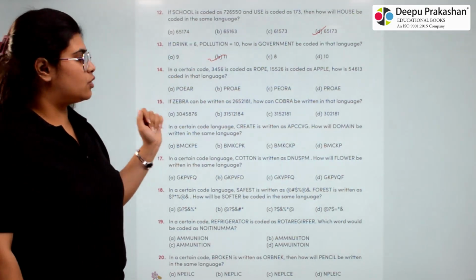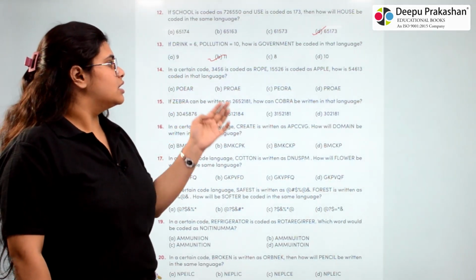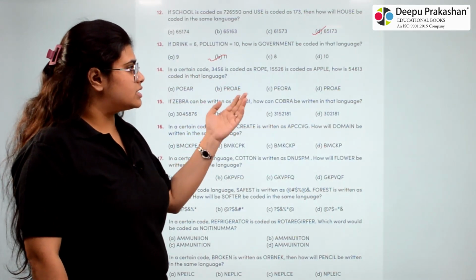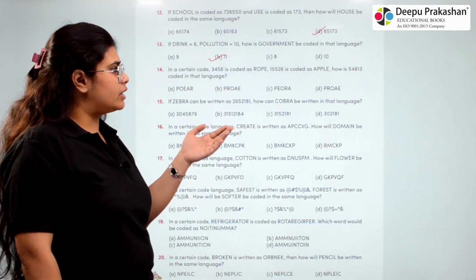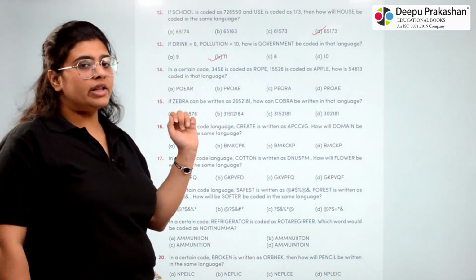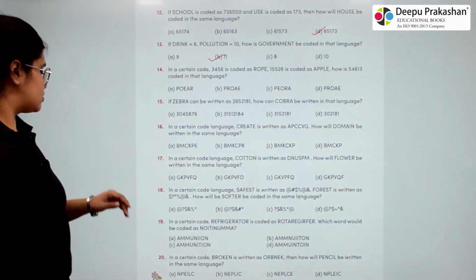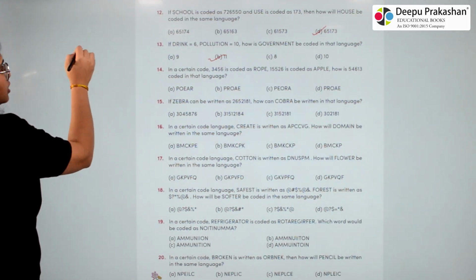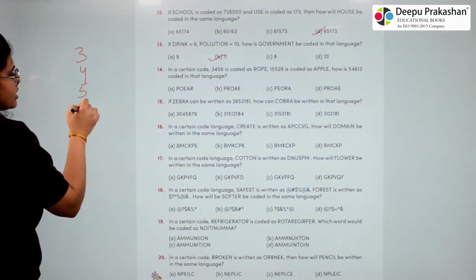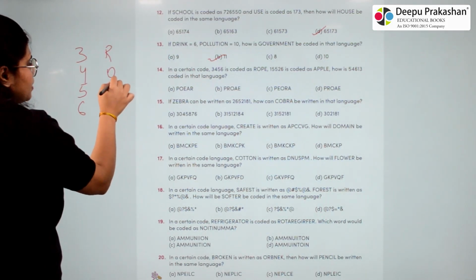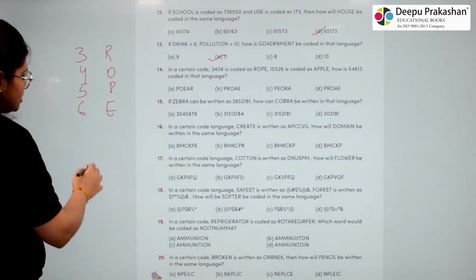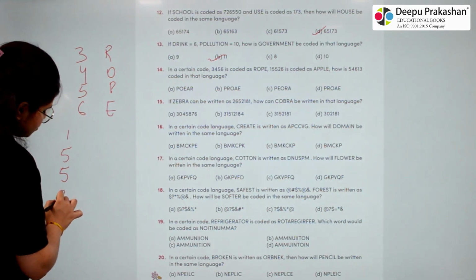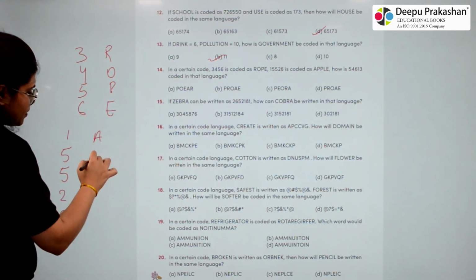14. In a certain code, 3, 4, 5, 6 is coded as rope. 15526 is coded as apple. How is 54613 coded in that language? So here we are given that 3, 4, 5, 6 is coded as rope, and 1, 5, 5, 2, 6 is coded as apple.